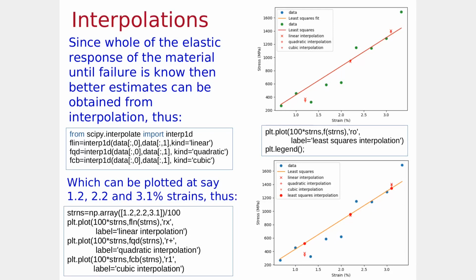Then we could simply plot these values to see what we would get for a linear interpolation, a quadratic, and a cubic interpolation. And you'll see that if this is the estimate of the true value, then apart from the second interpolation, the other two are quite some way off what we would expect.